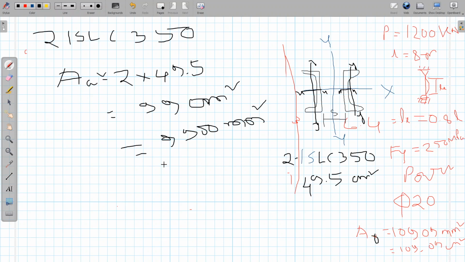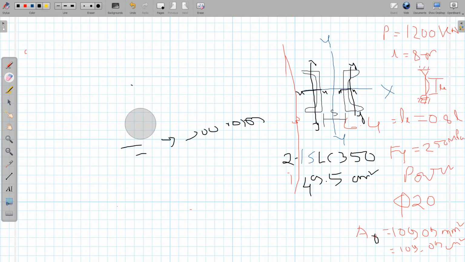Fine. Now we have to find out the R minimum. It is the same steps. Once we have this, go to the steel table and find out the R minimum. Here again, R minimum is nothing but equal to R on the local axis.